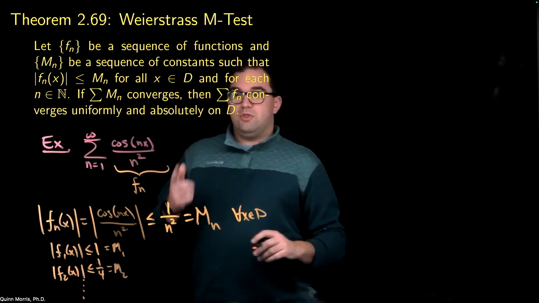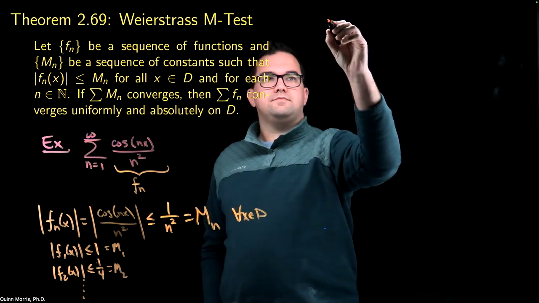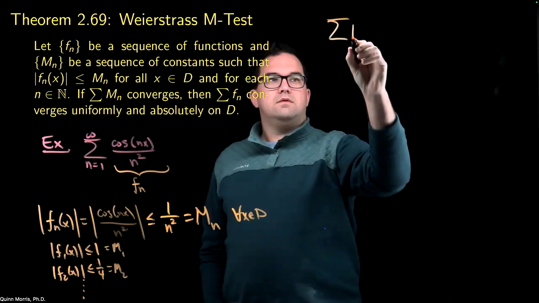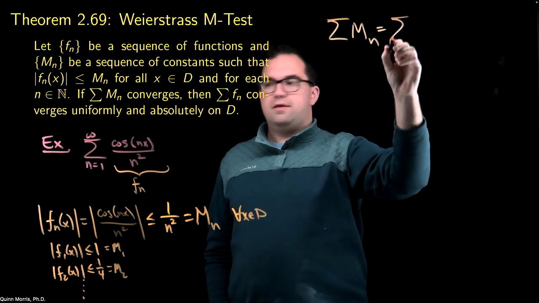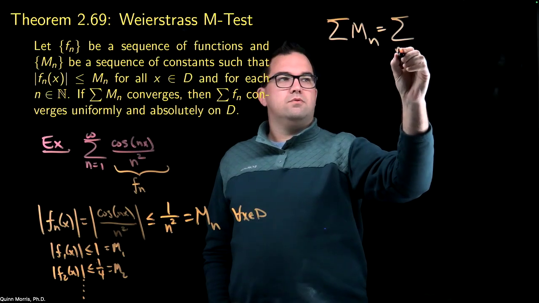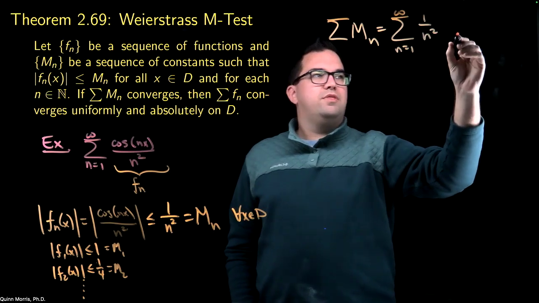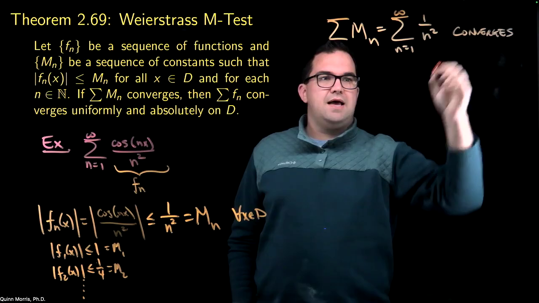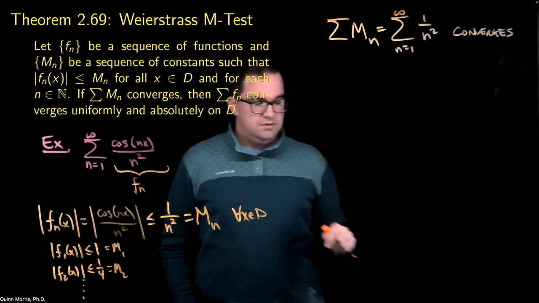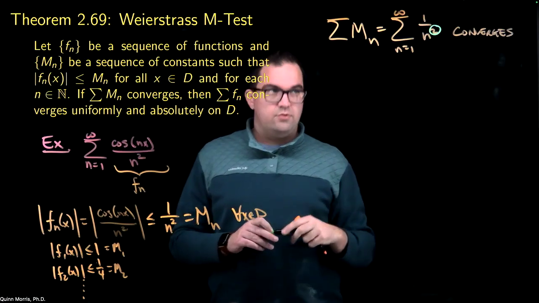Okay. So what the Weierstrass M-test says is, well, look at the series of M sub n. So what can I say about the sum from n equals 1 to infinity of 1 over n squared? Well, this converges, right? This converges because this is a p-series, and the exponent is strictly greater than 1.